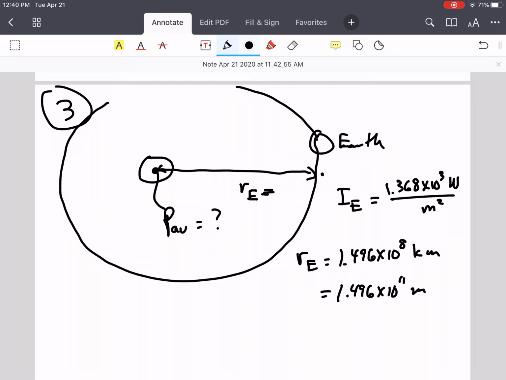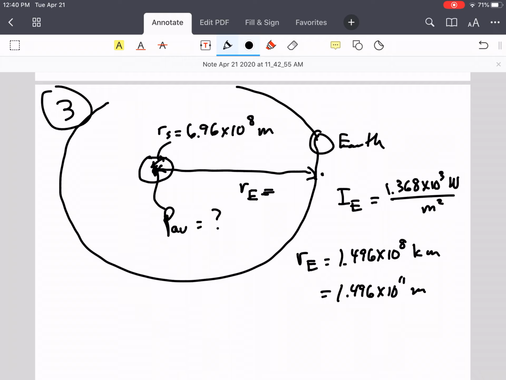Notice I don't care about the radius of the Earth itself. I care about the distance between my point source of light, which is the sun, and the Earth. So that's RE here. And finally, we're given that the radius of the sun itself, RS, is 696,000 kilometers, or 6.96 times 10 to the 8 meters.